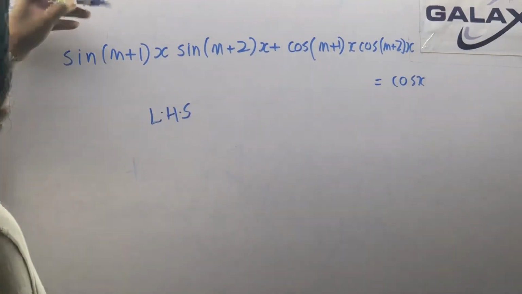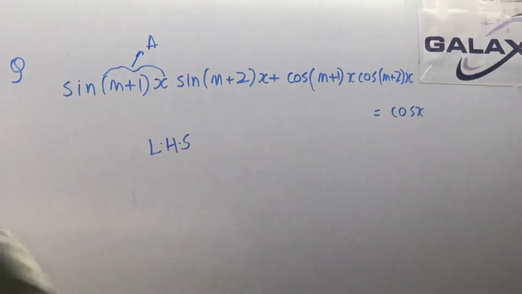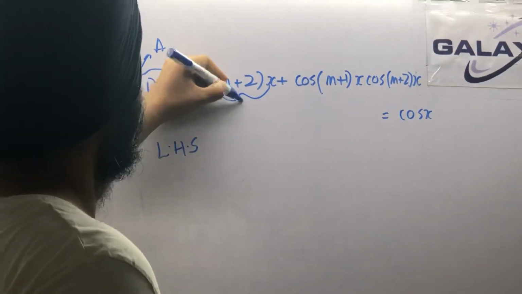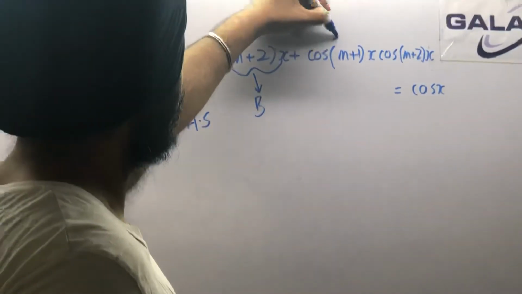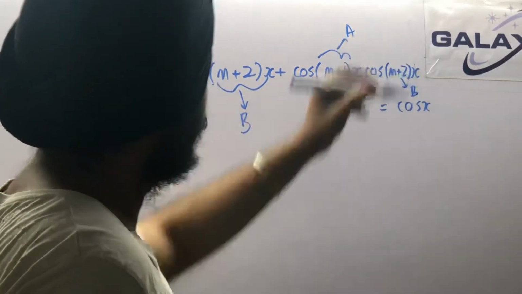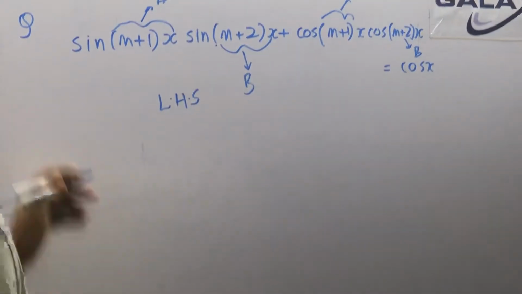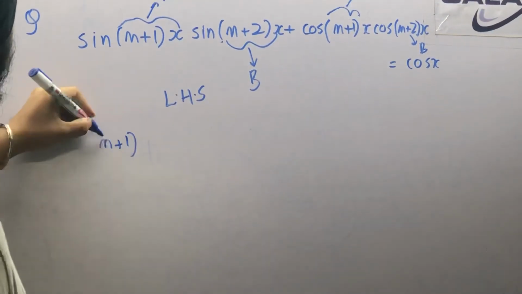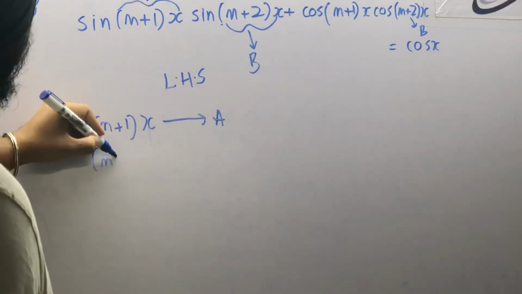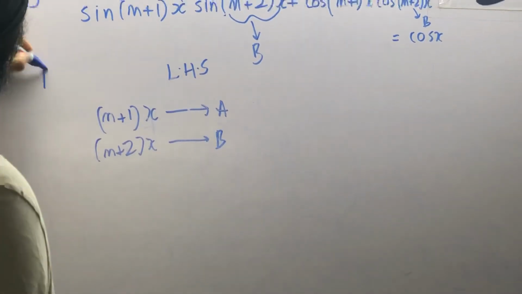Just assume this (n plus 1) into x angle as A, and (n plus 2) into x as B. So this will also be A and this will be B.